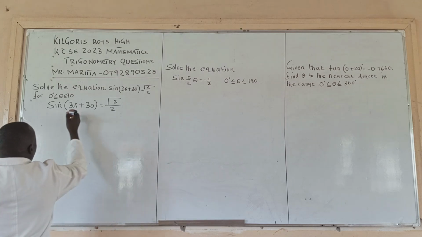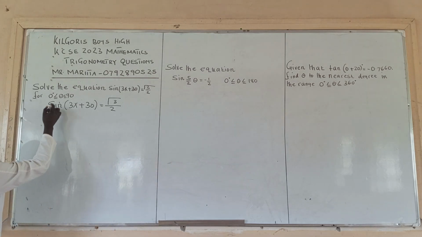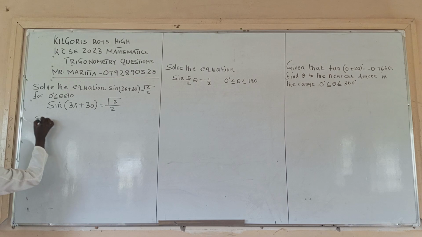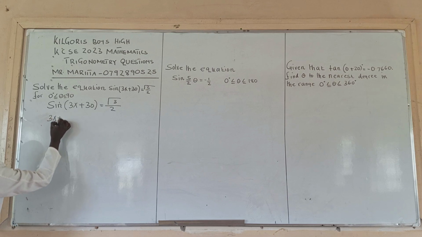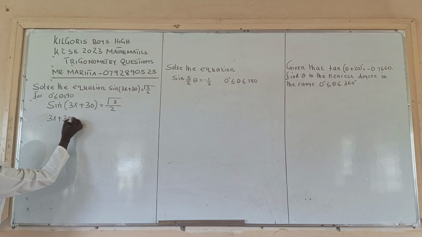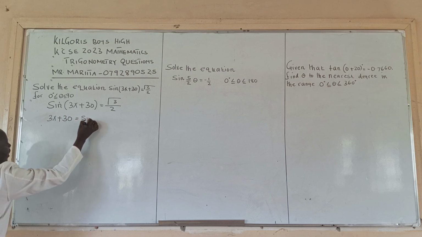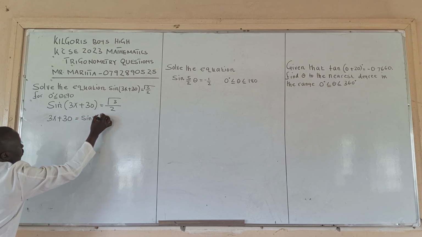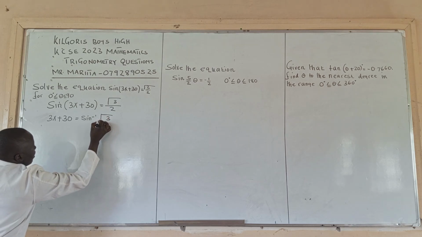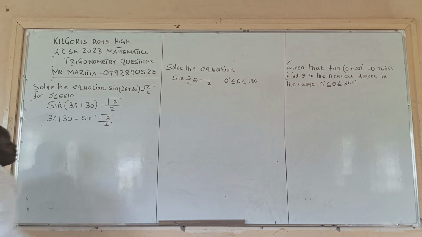So finding the sine inverse on both sides, we have 3x plus 30 equal to the sine inverse of root 3 divided by 2.